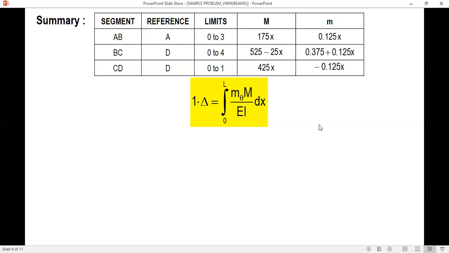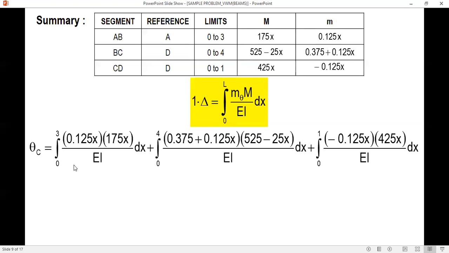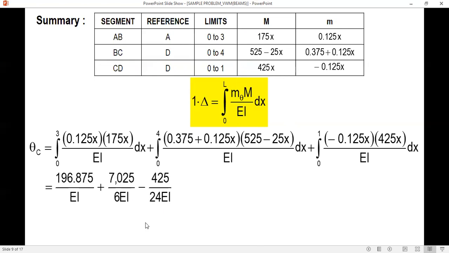And using this formula, we can just replace this one by theta to indicate slope. So, solve manually or using your calculator. The answers are the value for each term.